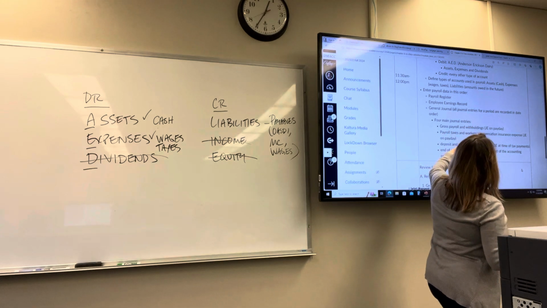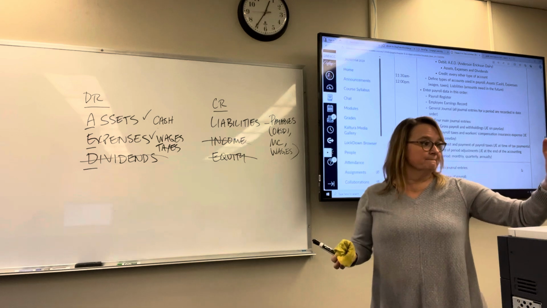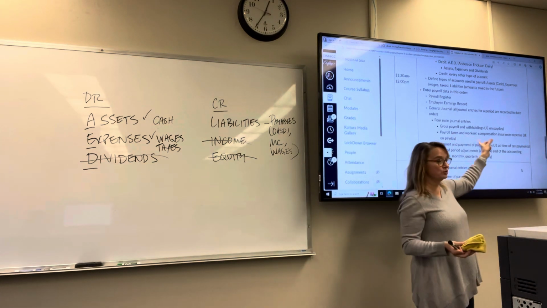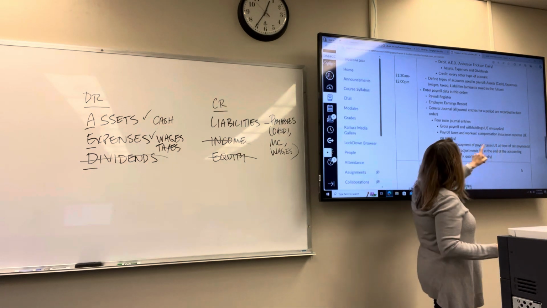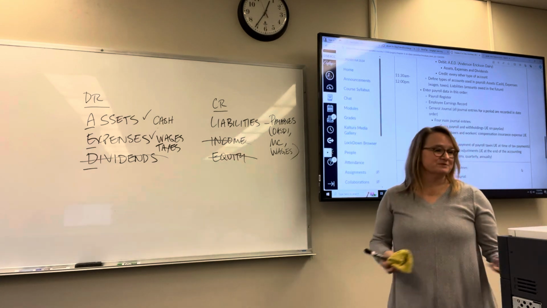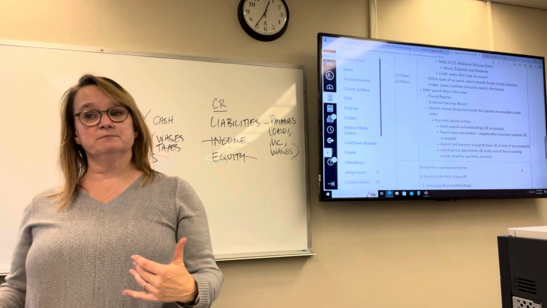Second journal entry also is done on payday. This one records the employer's portion of the responsibility, their taxes. Okay, so payroll taxes, also any workers' compensation insurance or other types of like FUTA and SUTA, that type of stuff, that is the responsibility of the employer.